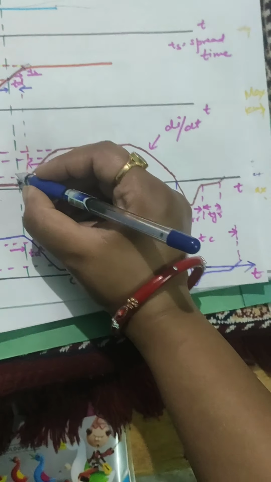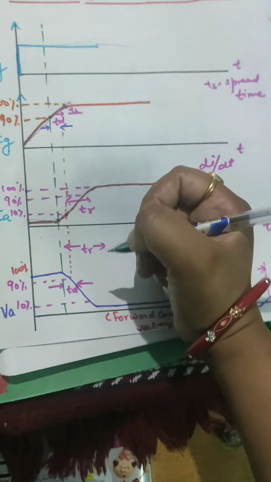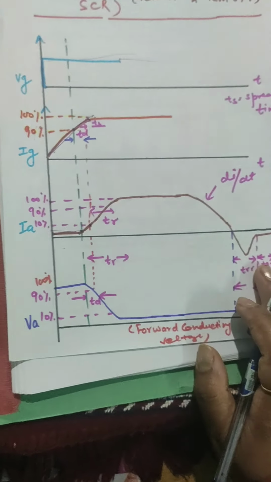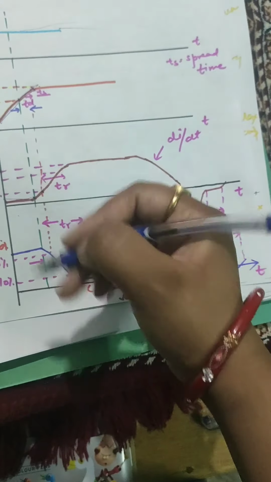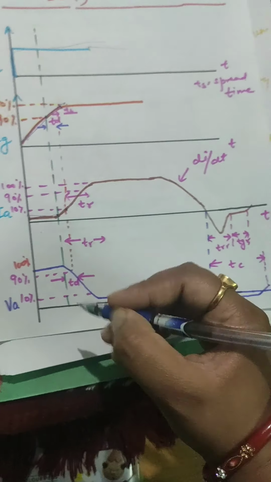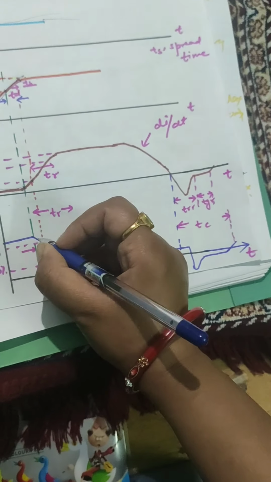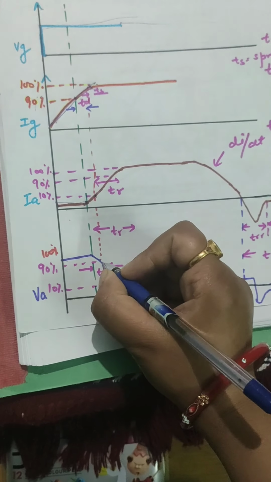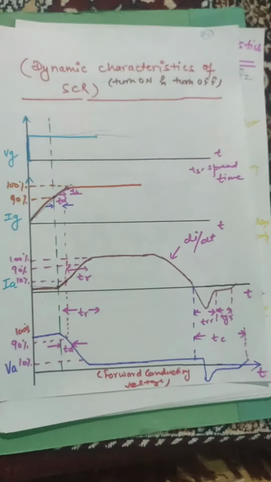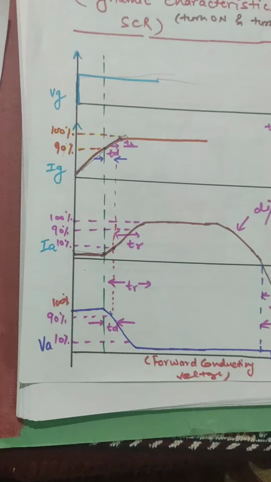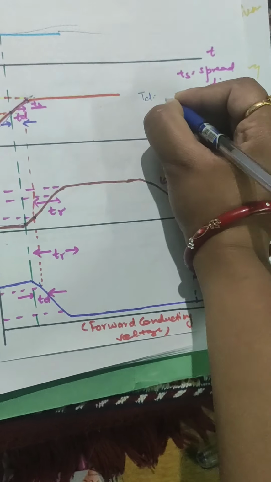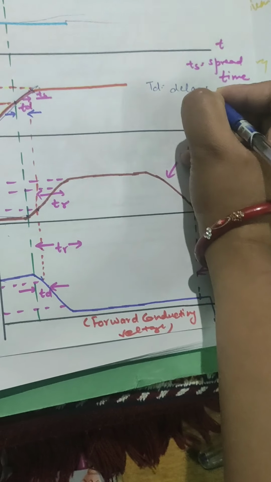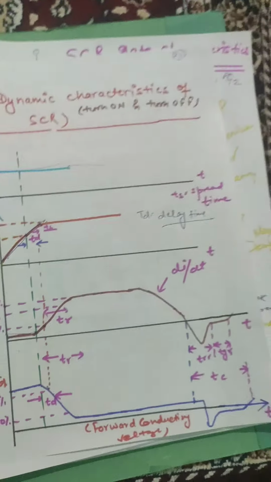Okay, leakage current to 10%, and at that time the voltage across anode to cathode, the anode voltage, will decrease from 100% to 90%. That is called delay time, TD. There are 3 definitions of delay time.